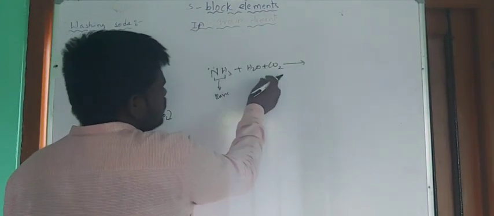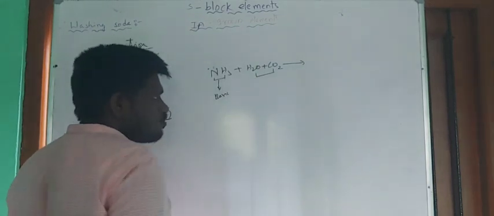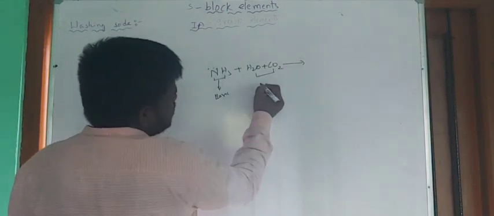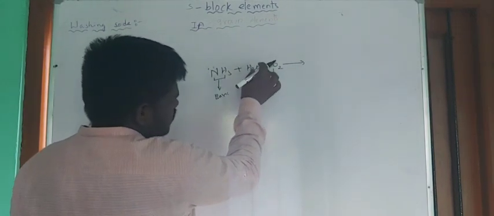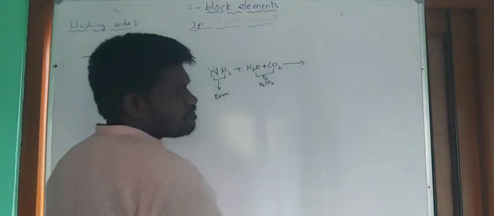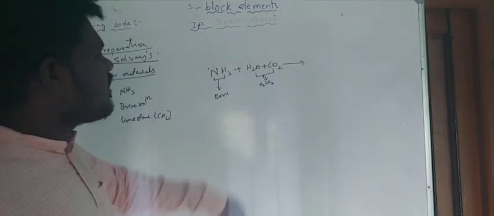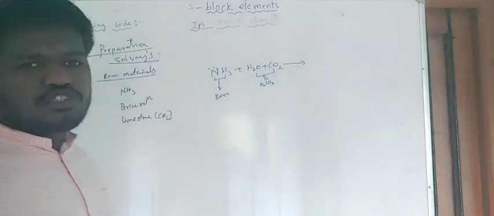And the mixture of H2O and CO2 react together and give us H2CO3, carbonic acid. Here CO2 and H2CO3 are in equilibrium. So finally this mixture is acidic in nature due to the formation of H2CO3.